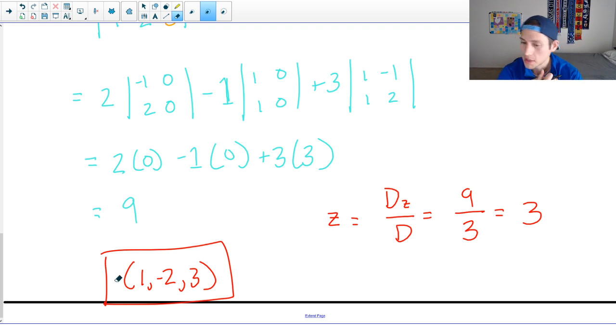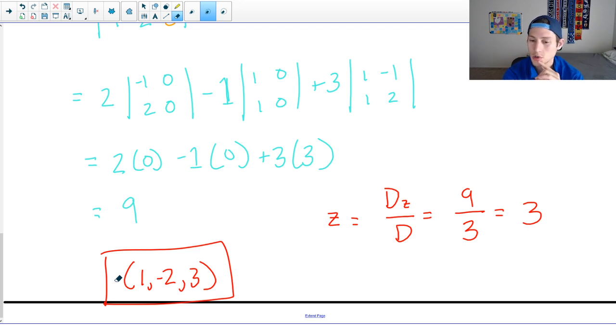The thing that's also pretty nifty about Cramer's rule is we can separately solve for each variable. If you're solving by hand using substitution and elimination, or using Gauss-Jordan elimination to get it into reduced row echelon form, it's kind of a total package, right? If you want to solve for x, you have to go through and solve for y and z as well.